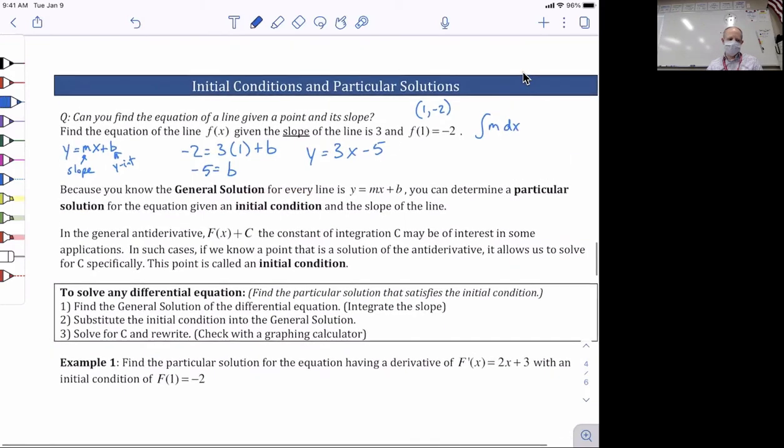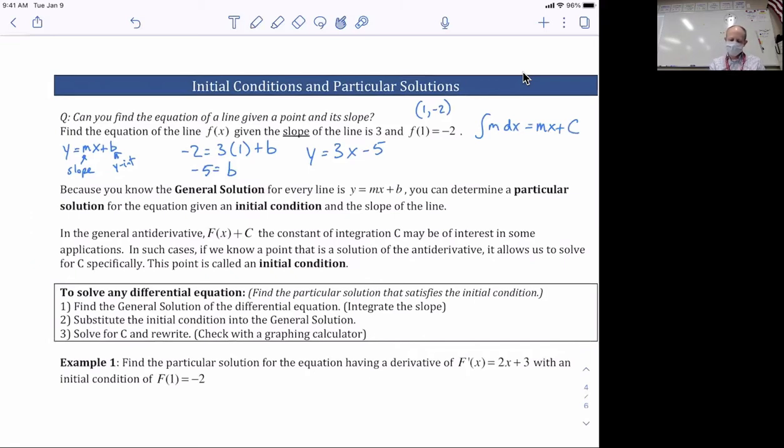So m being the slope, if that's a constant, then we would have what? mx plus c. Look familiar? It should look just like that mx plus b, mx plus c. So when you were asked to do this in algebra, you were actually being asked to do a calculus problem, where you were given a slope, the derivative, and asked to find the particular solution to that differential equation.